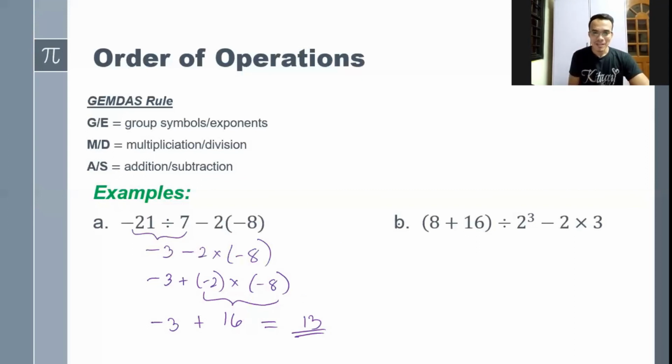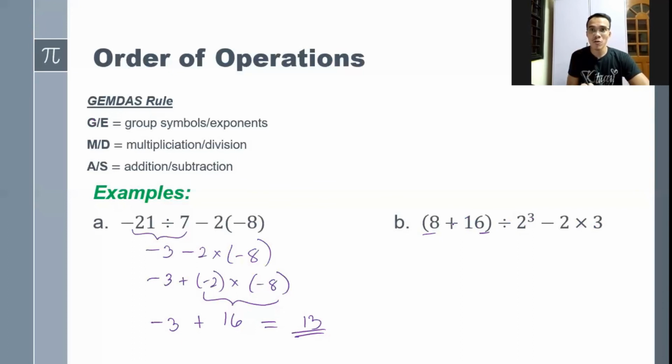Letter B. We have here quantity 8 plus 16 divided by 2 cubed minus 2 times 3. According to GEMDAS, we have to deal with grouping symbols or exponents first. There's a grouping symbol here, parenthesis, so we have to get rid of this parenthesis first.